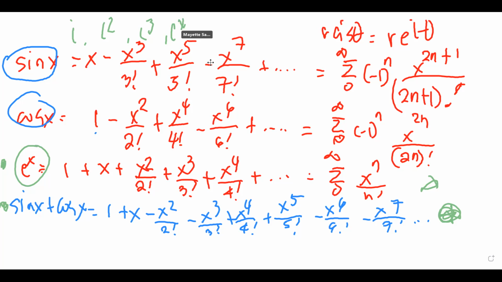Remember, this is i, this is -1, this is -i, this is 1, and then i to the fourth is 1, and then another will be a repetition: i, -1, -i, 1, which is the same pattern as what we have here in the signs. So this suggests the following.